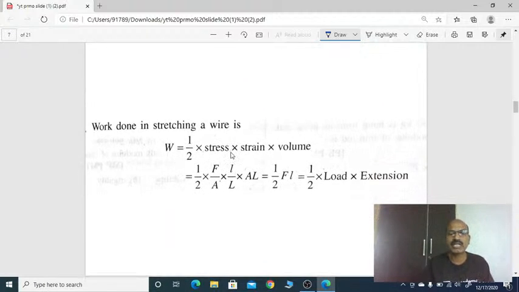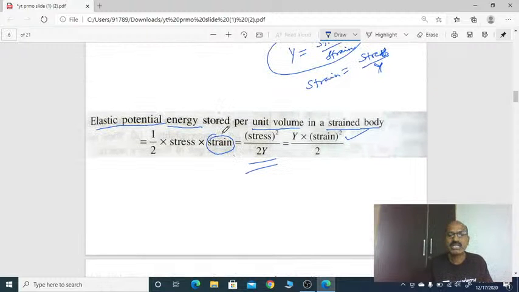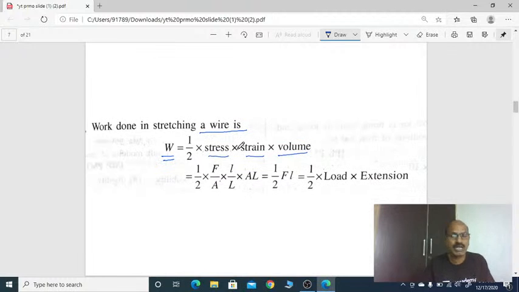Work done in stretching a wire. So the work done in stretching the wire is stored in the form of elastic potential energy. That's only we have seen. Half into stress into strain into volume. Just now see here, elastic potential energy stored per unit volume, that is only work done.